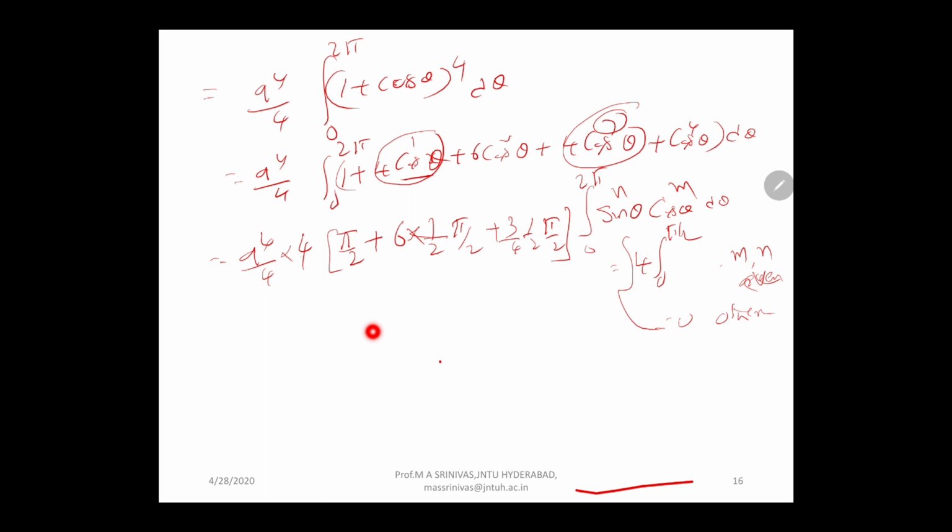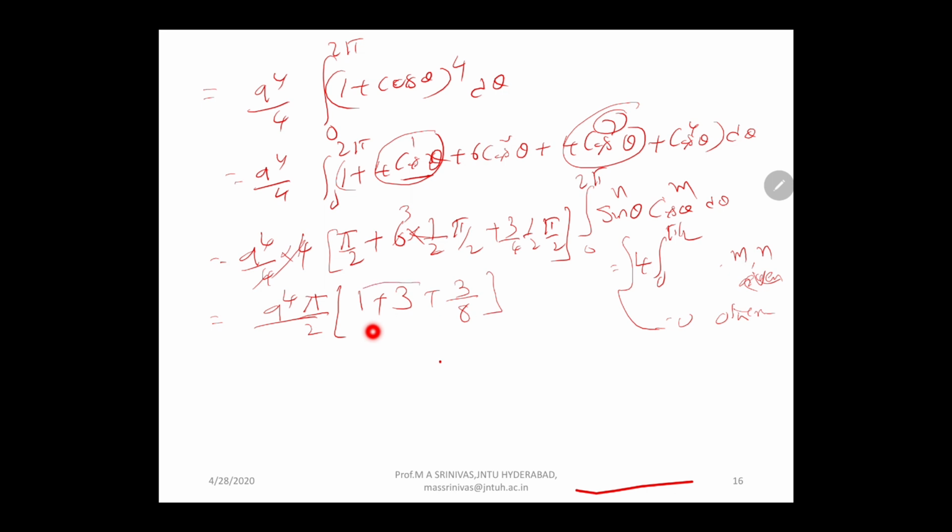So I can take pi by 2 common. The 4 and 4 cancel, a power 4 into pi by 2 comes out, and this will be 1, plus 6 times 1 by 2 which is 3, plus 3 by 8.